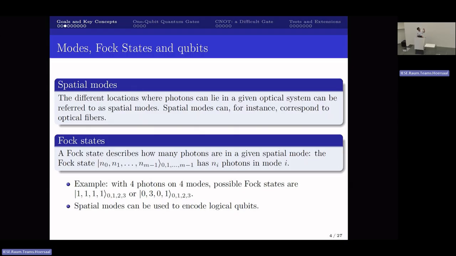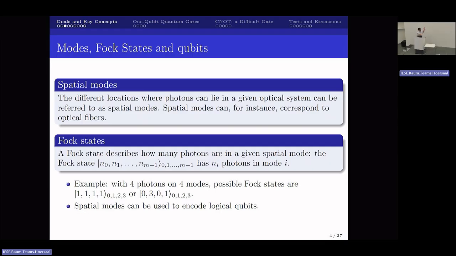You didn't have the little index at the bottom before, but I use that to differentiate normal qubit states from Fock states. It's to differentiate the notations, which can be quite confusing, because you must not confuse the ket 0 state and the ket 0 with index 0 state, which is a Fock state and not a qubit state.